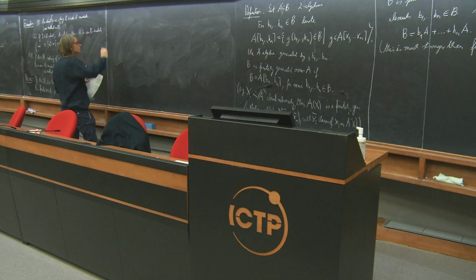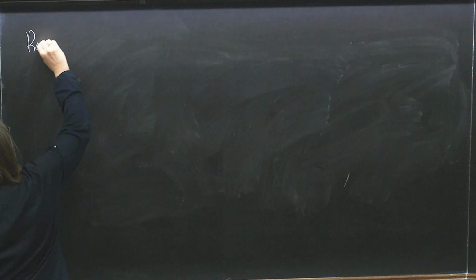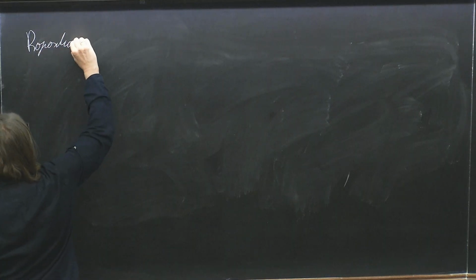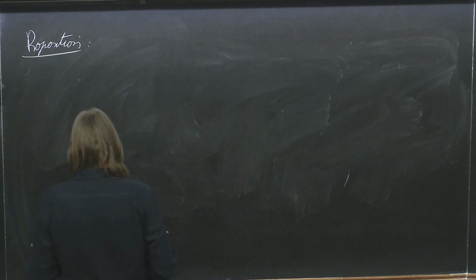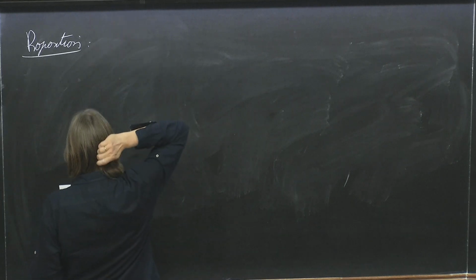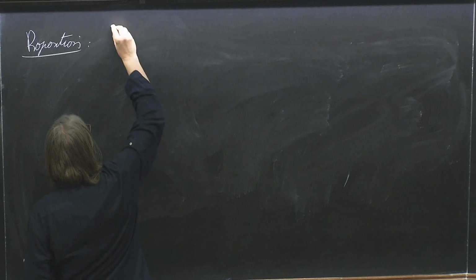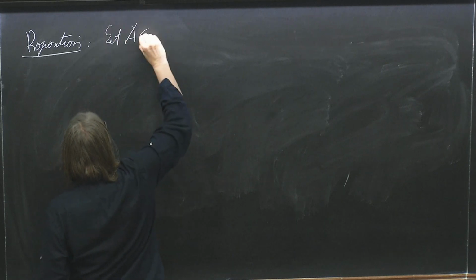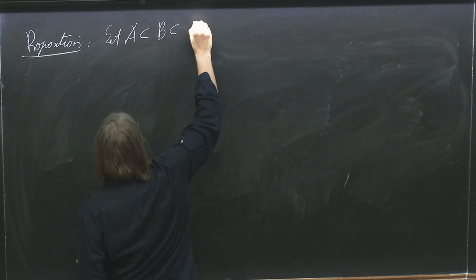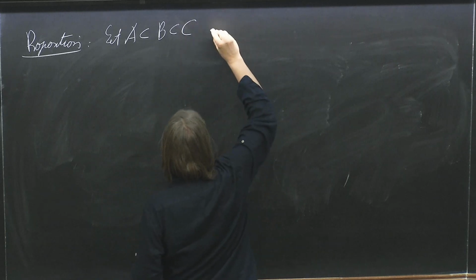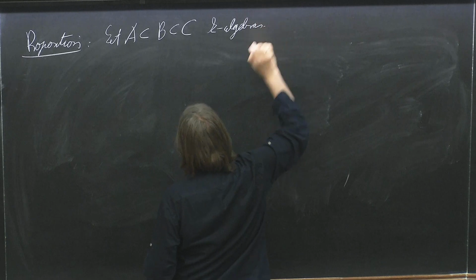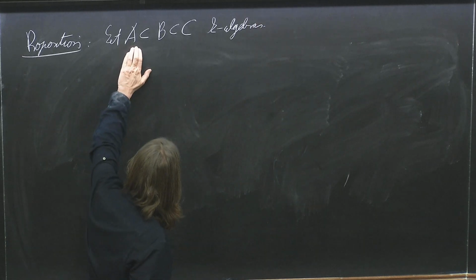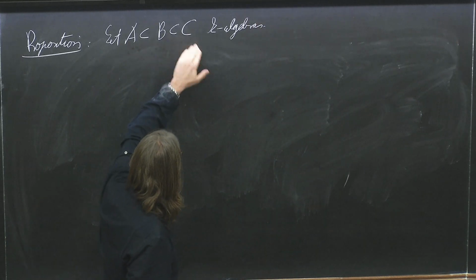So this is the following proposition. Let A be a subring of B, a subring of C, all K-algebras. When I write like this, it means that A is a subalgebra of B and B is a subalgebra of C.